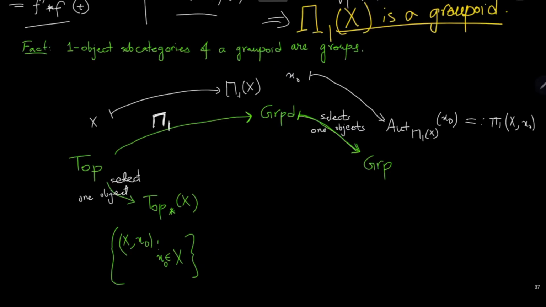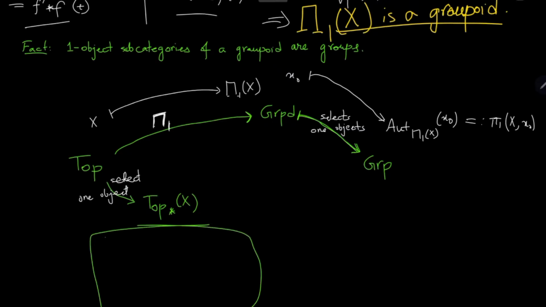You just select one object X, and in this category we just look at all pointed spaces of this form. So (X, x naught), we look at this, we look at (X, x1), (X, x whatever), something like that. We look at all pointed topological spaces like that.